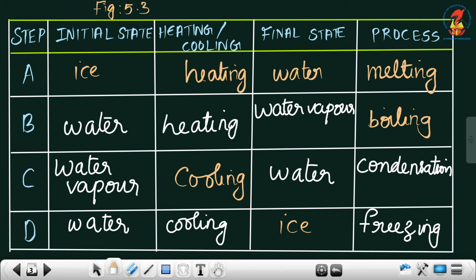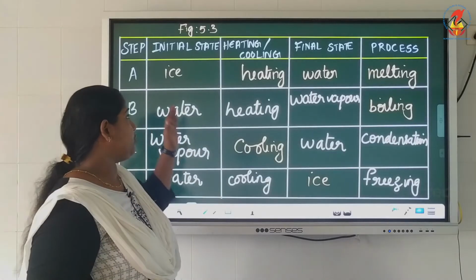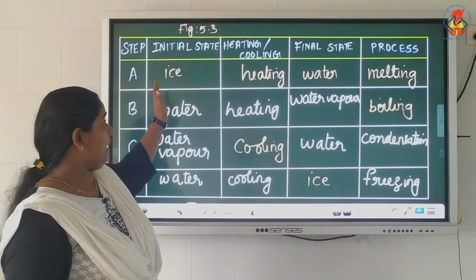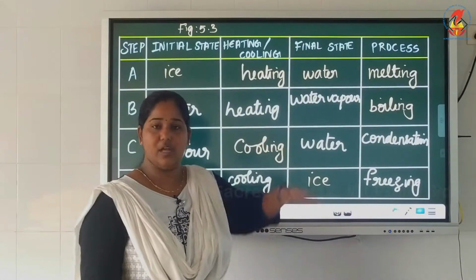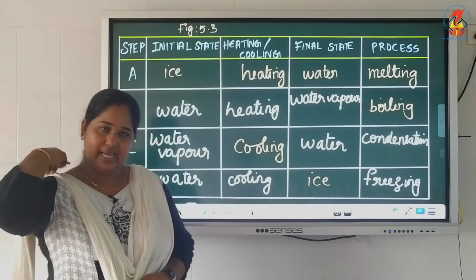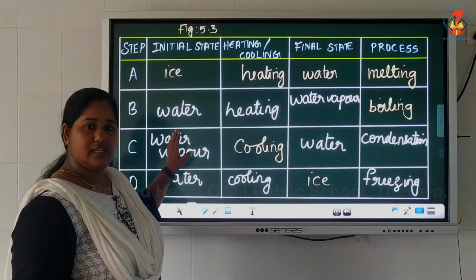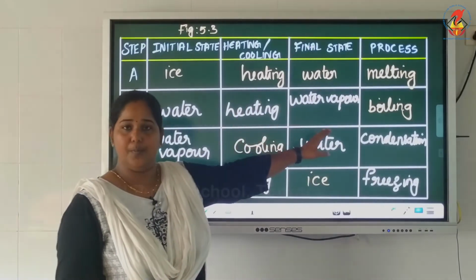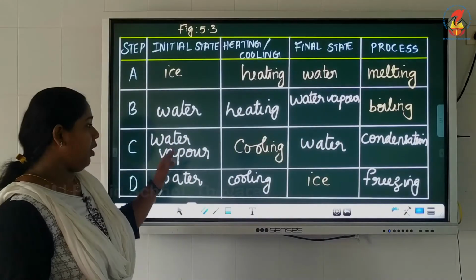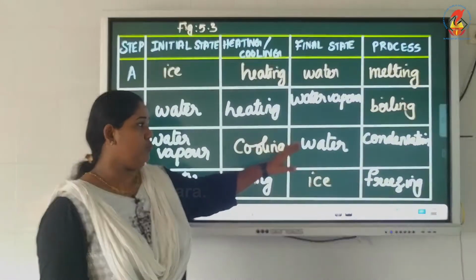So this is how the different states of matter are interchanged. First one is ice is changed into water on heating. The process is called melting of ice. Second one, water is changed into water vapor by heating. The process is called boiling. Third one, water vapor is cooled into water.